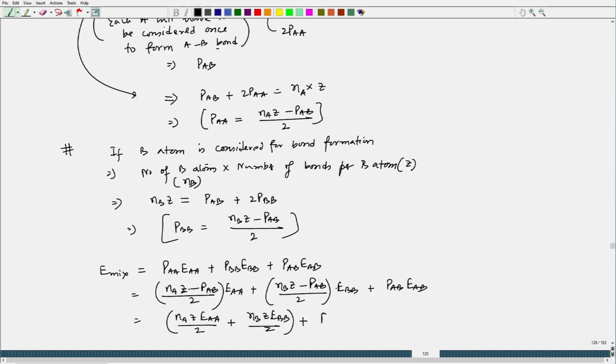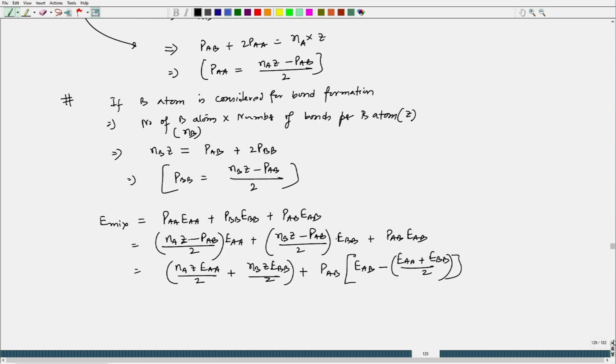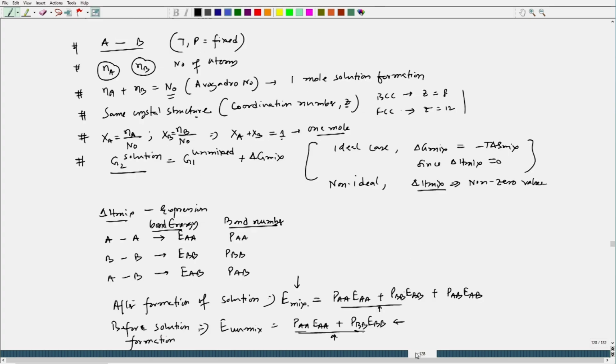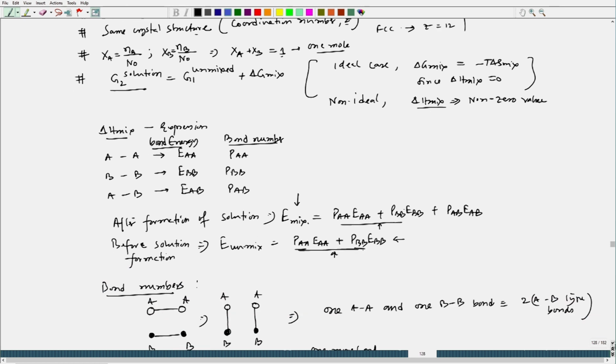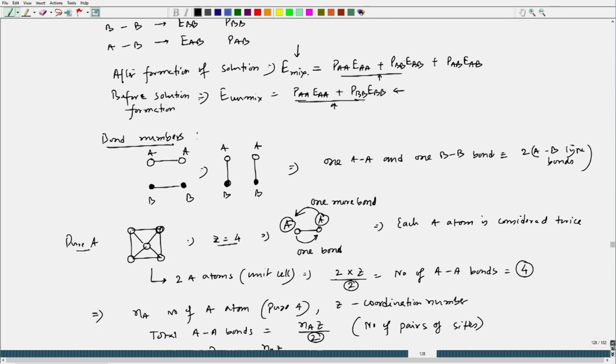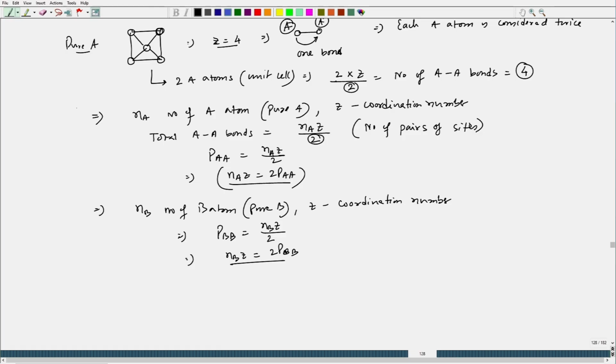The second part is PAB into EAB minus (EAA plus EBB) by 2. This equation we are getting. Now, if I try to find out what will be the, this is basically before mixing.